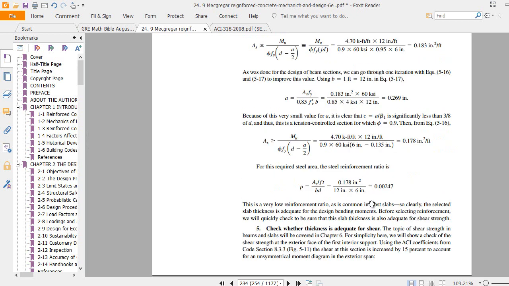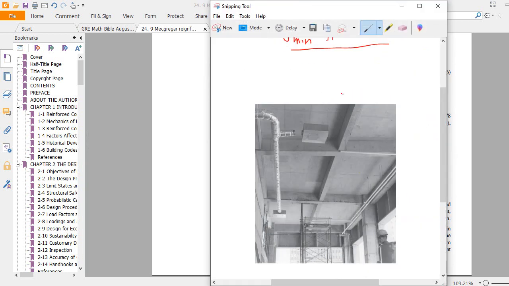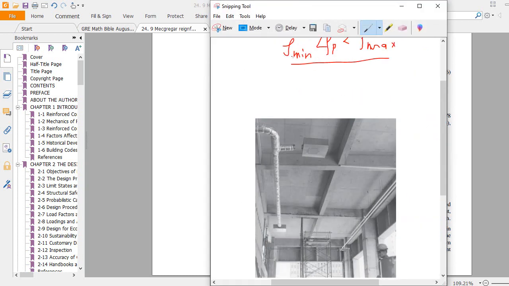Now we calculate the steel reinforcement, and this is a very low reinforcement ratio, 0.00247. If you calculate the minimum tensile reinforcement ratio, rho minimum, from two equations, that is 200 divided by Fy or 3 times square root of Fc prime divided by Fy, it comes out to be 0.0033.